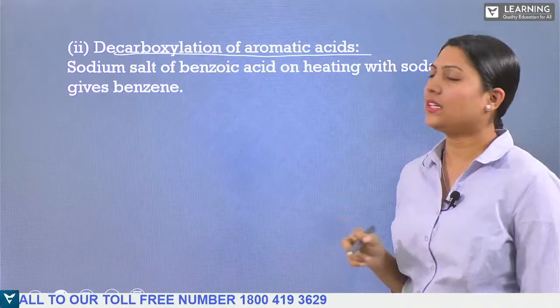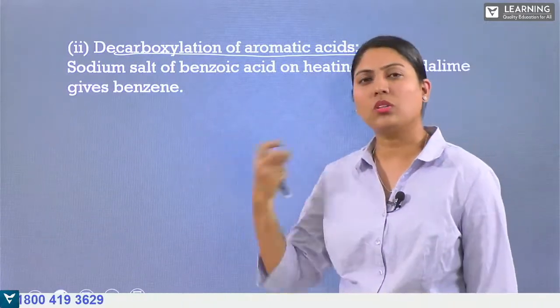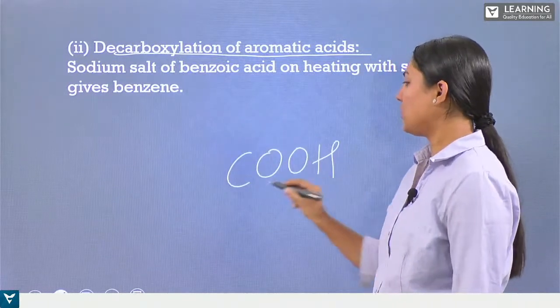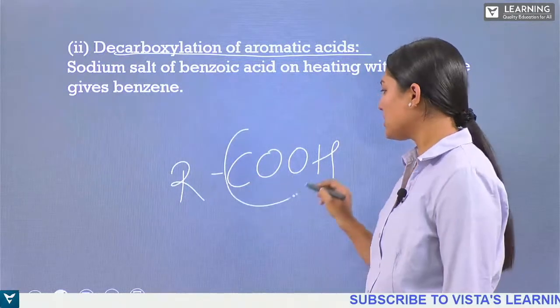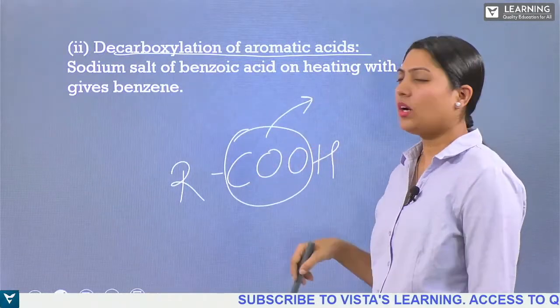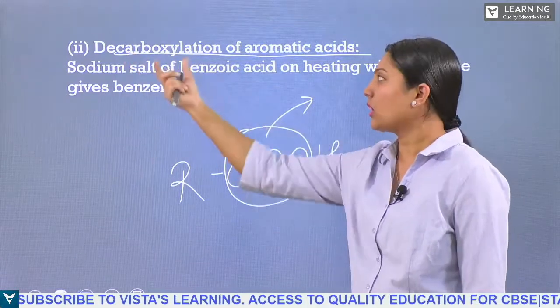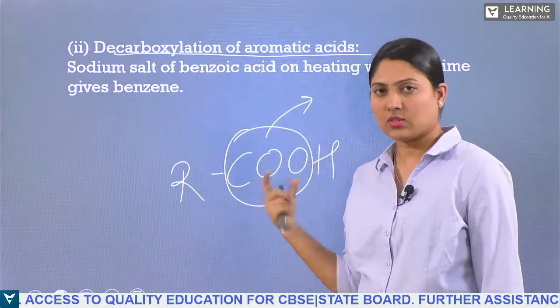Decarboxylation of aromatic acids. Carboxylic acids generally have COOH with an R group. If you remove this COO, what happens? CO2, that is carbon dioxide. De means to remove, so decarboxylation removes carbon dioxide.